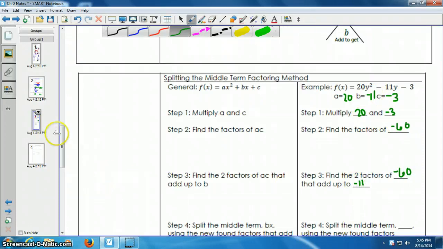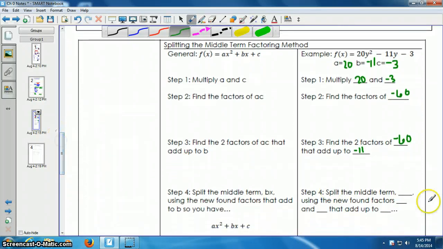So let's think about what times what gives me negative 60 that would add to get negative 11. Using the newfound factors 4 and negative 15, if I were to multiply those, I would get negative 60. If I were to add those, I'd get negative 11.